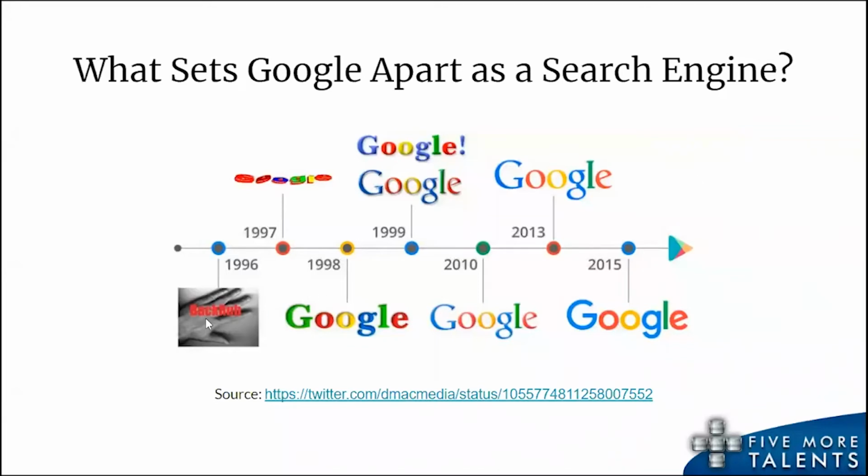So in the beginning, Google was called Backrub because it looked at backlinks, links from other sites back to your website. That's actually, as we get into this a little bit more, going to play an important role.